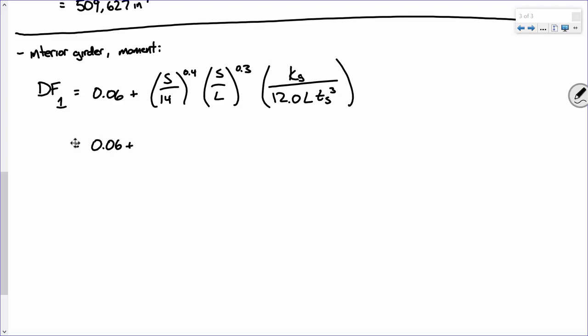0.06 plus S is in feet, so that's 10. L is what, 90?